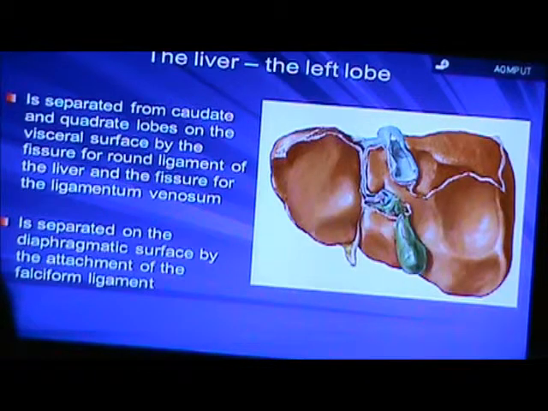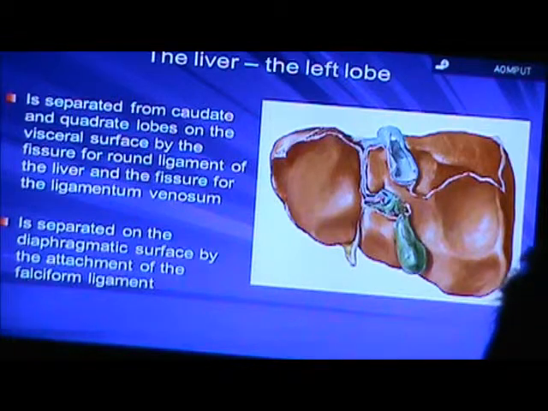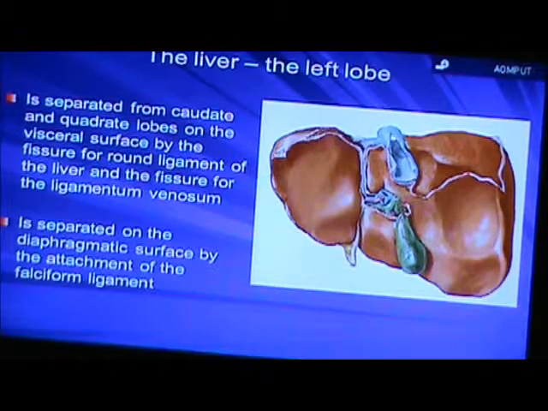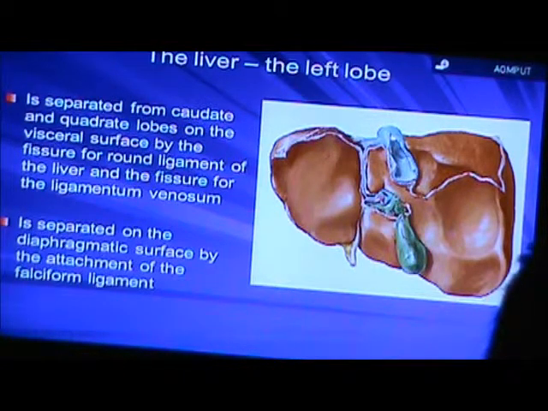So the fissure for the round ligament and the fissure for the ligamentum venosum both form the left sagittal fissure. In Polish books it is called the left sagittal sulcus or groove. But never mind.